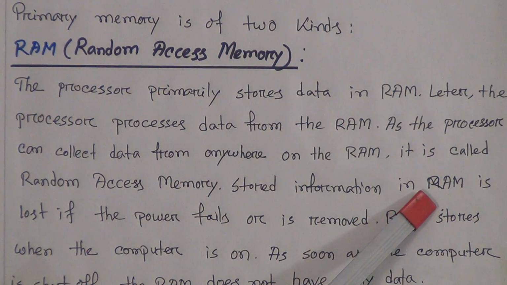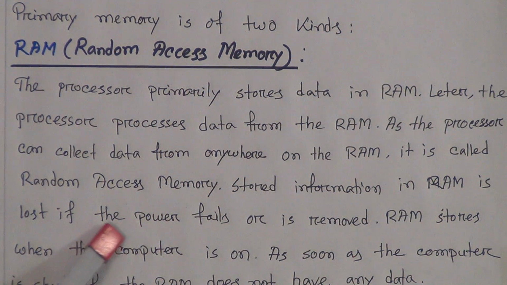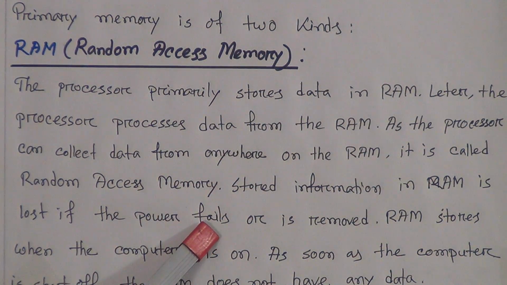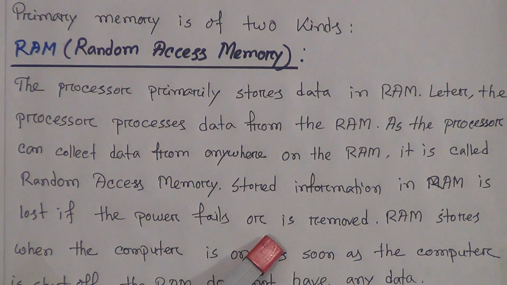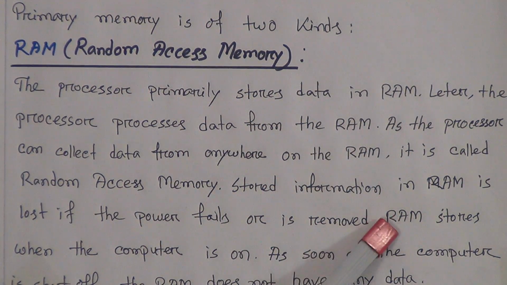Stored information in RAM is lost if the power fails. That means if electricity is gone, then the stored information in RAM is lost or removed. RAM stores when the computer is on. As soon as the computer is shut off, the RAM does not have any data.